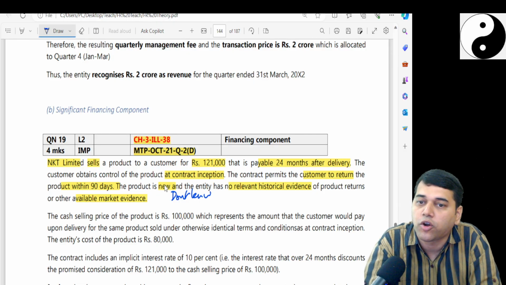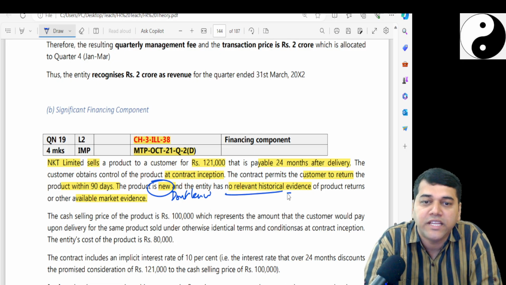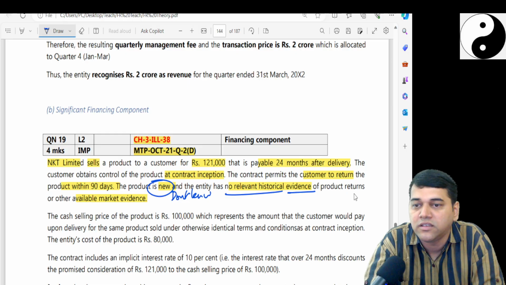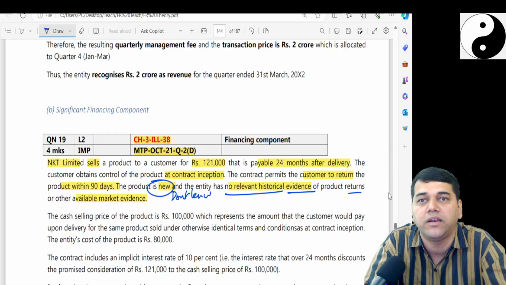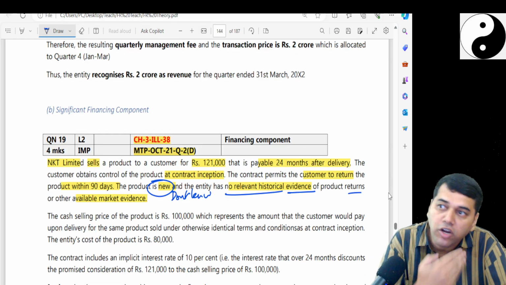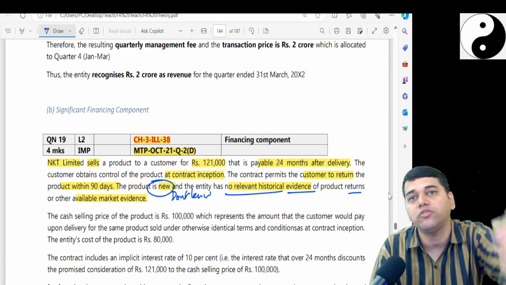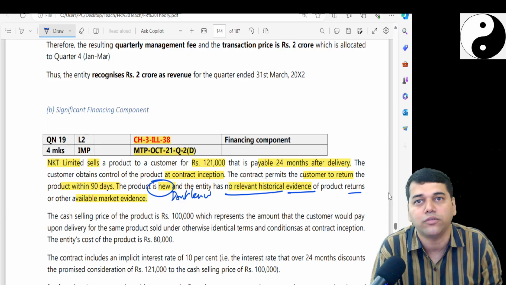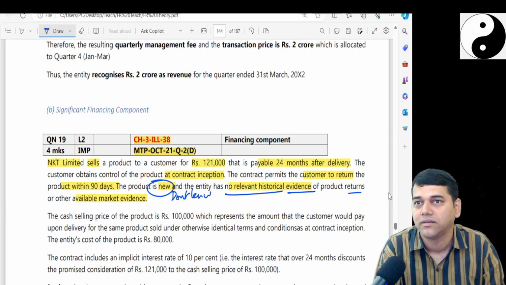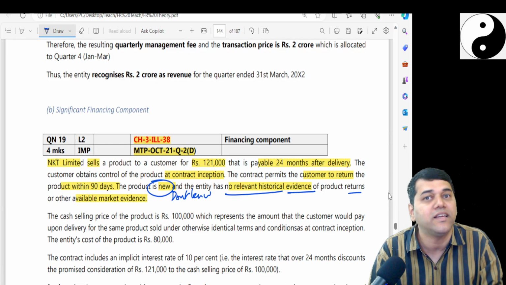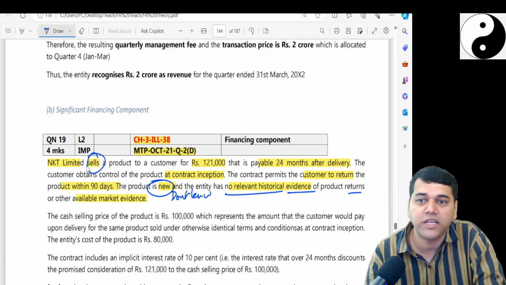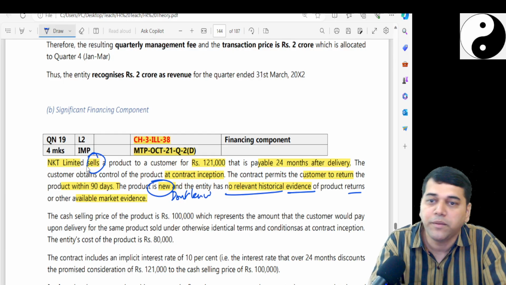That's what they say, that the product is new and they don't have any historical experience or evidence of product returns or other market evidence. So right now I cannot predict whether the customer is going to return to me or not. I don't know. This is a new product. Because of this, for the first 90 days, even though I have sold and my performance obligation is fulfilled today, how many performance obligations are there?